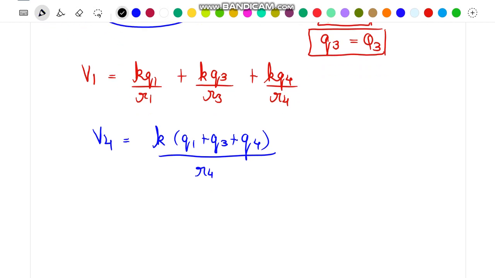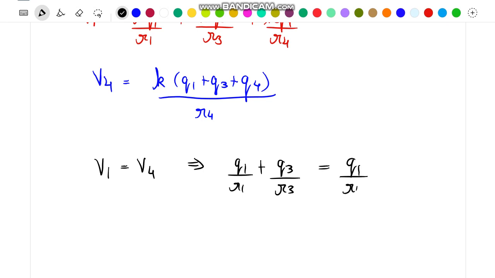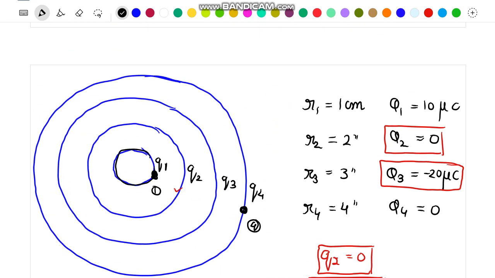Now as points 1 and 4 are connected by a conducting wire, V1 is equal to V4. So from here we get Q1 by R1 plus Q3 by R3 equal to Q1 by R4 plus Q3 by R4 plus Q4 by R4. Further, charge conservation suggests that Q1 initially equals Q1 plus Q4 finally, since initially only the first sphere had charge and the fourth sphere was neutral.